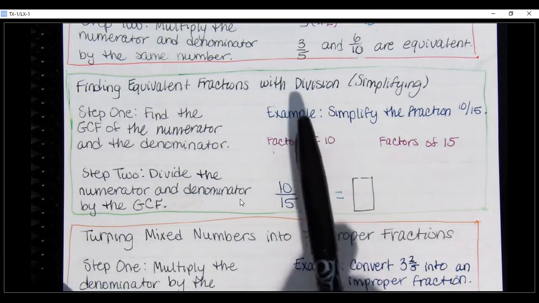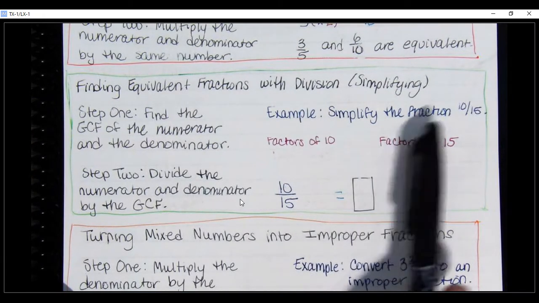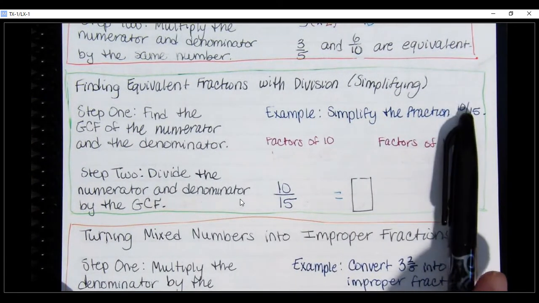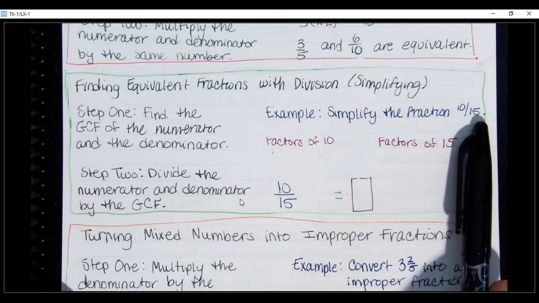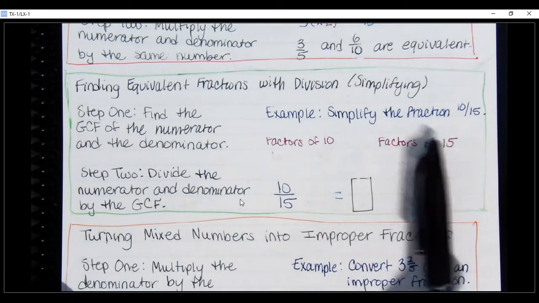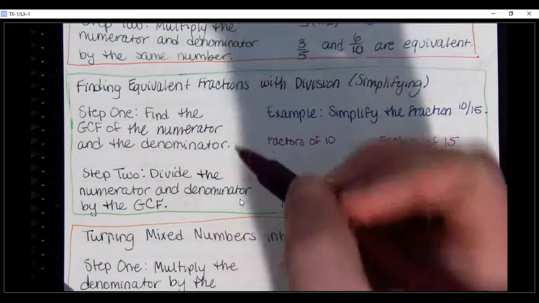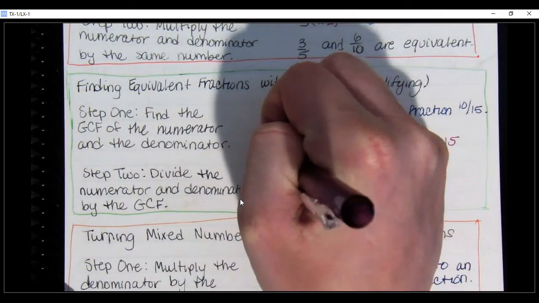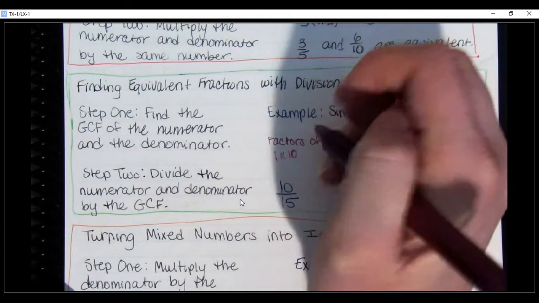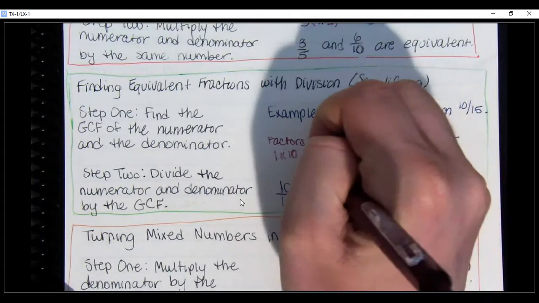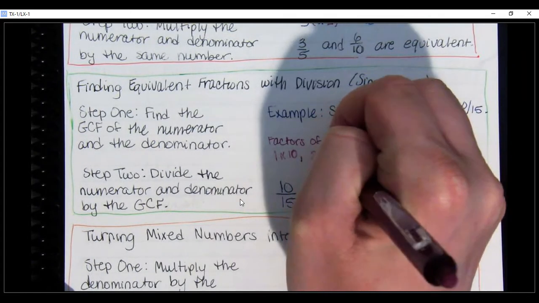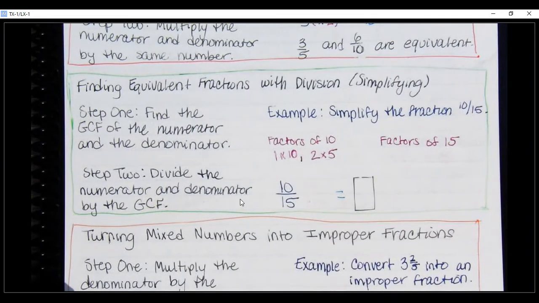Our example problem: simplify the fraction 10/15. Okay, 10 is my numerator, 15 is my denominator. I need to find factors of both. Factors of 10, I know, are 1 times 10 and 2 times 5. Looking good so far.